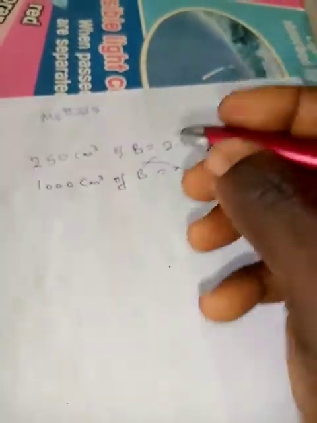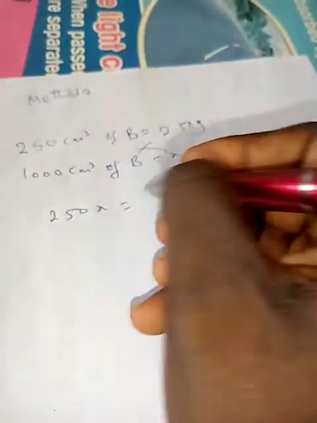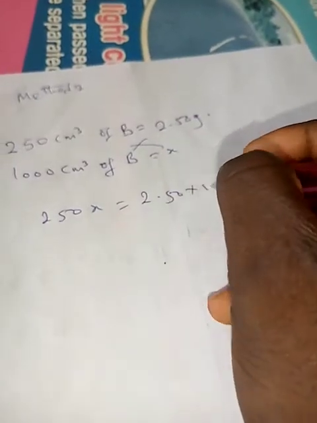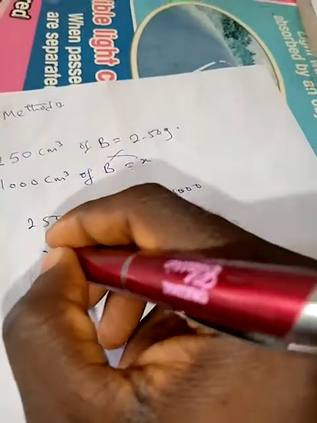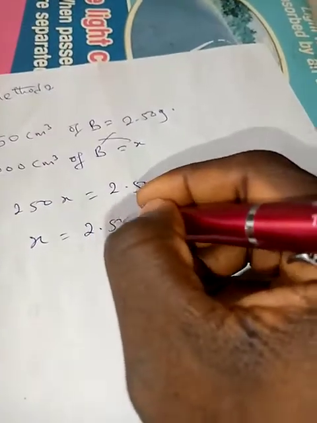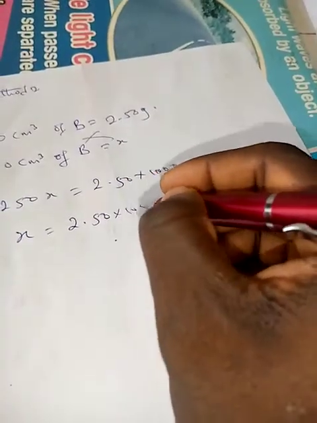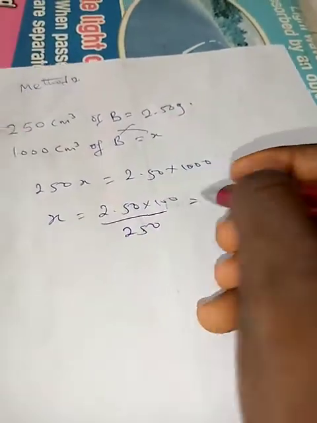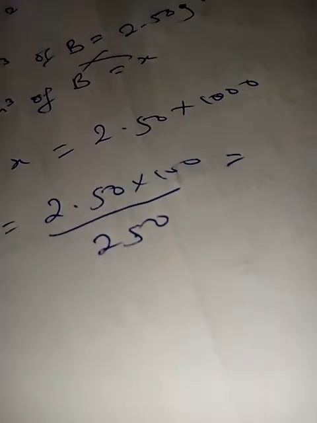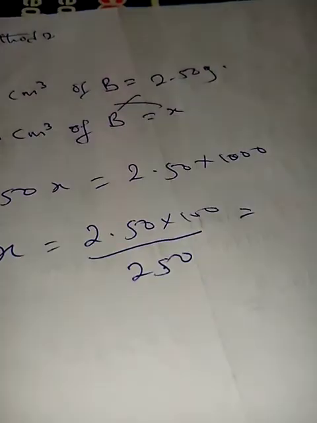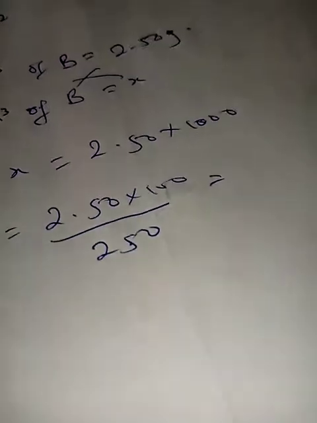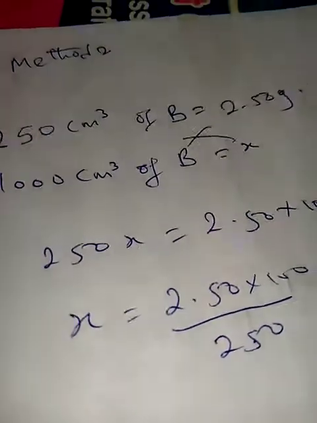So if I cross multiply, I'm going to have 250X equals 2.50 times 1000. So X is going to give us 2.50 times 1000 divided by 250. That is 10 grams.